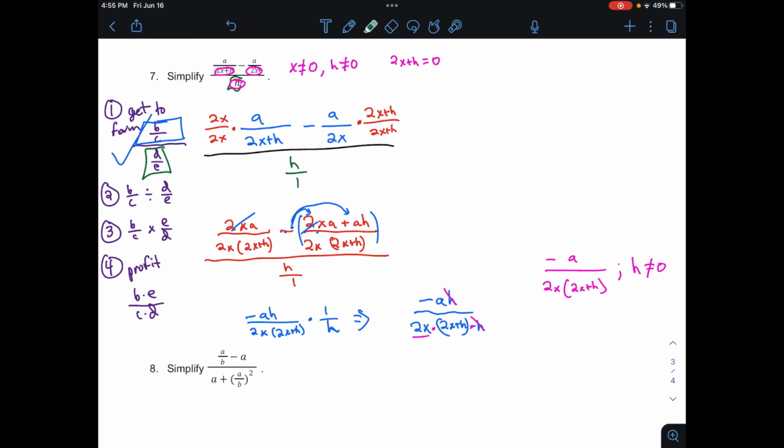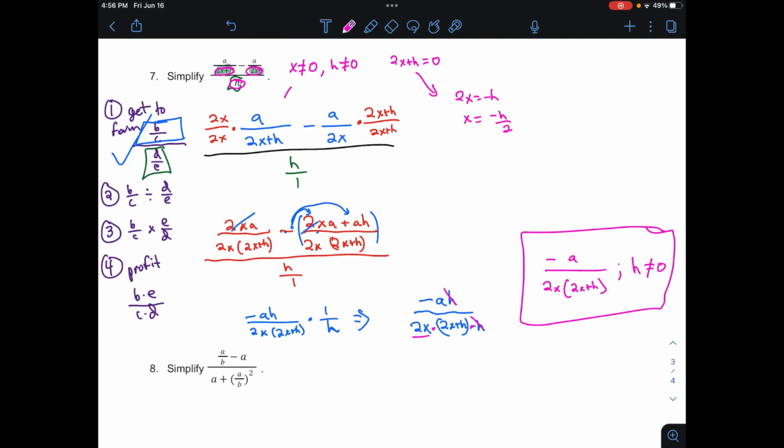The other ones are still present, like I still have 2x, so I don't have to state x doesn't equal 0 because it's still evident. I still have 2x plus h, so I didn't lose that either. But I should state h does not equal 0, because otherwise this expression is not completely equivalent to this expression. Technically, our original domain restrictions: if I solve this, I can say 2x equals negative h, x equals negative h over 2.